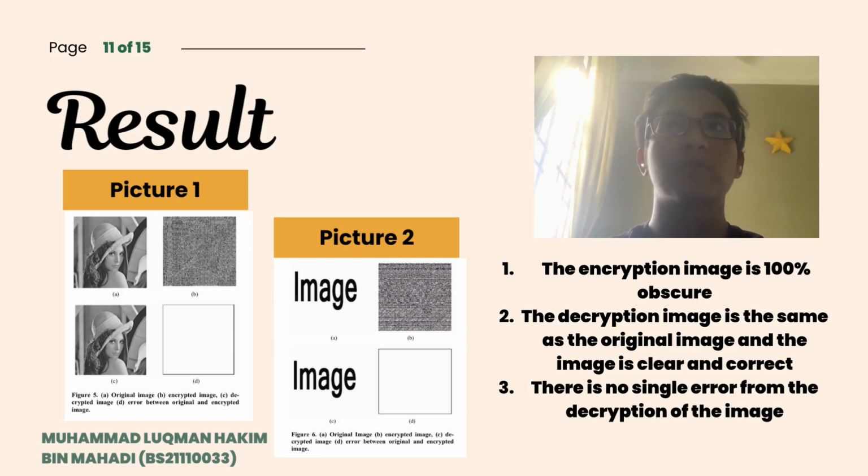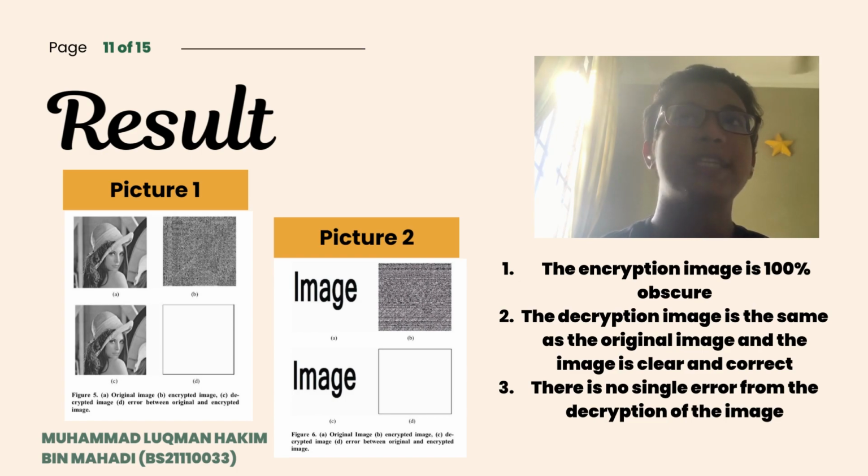So for the result, we can see that for picture 1, when we encrypt the picture, what we get is a blurry effect, like a pixelated image, and it gives a meaningless image. So we can say that the encrypted image is 100% obscure.